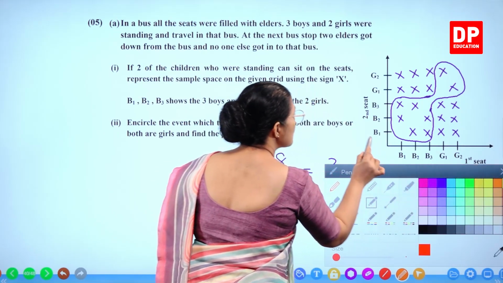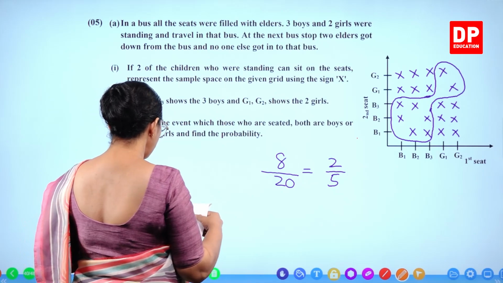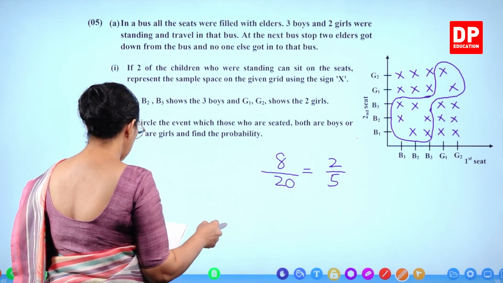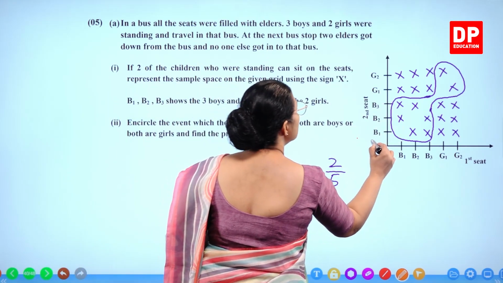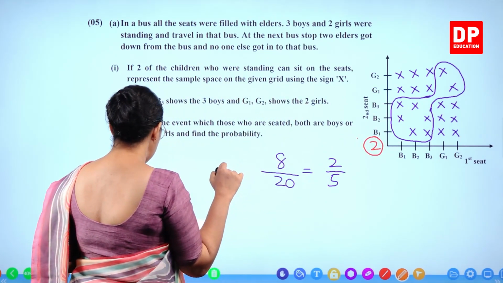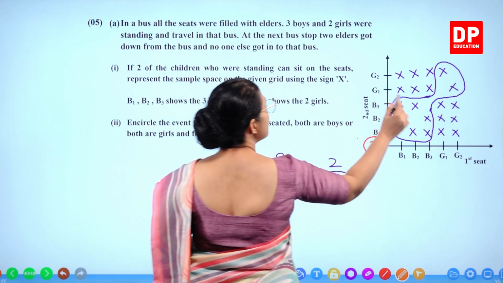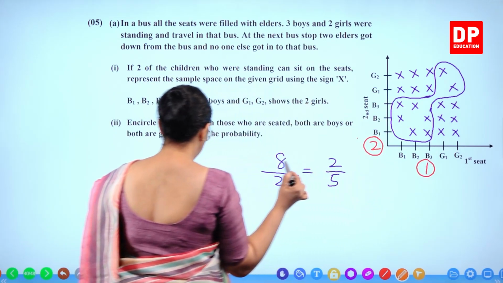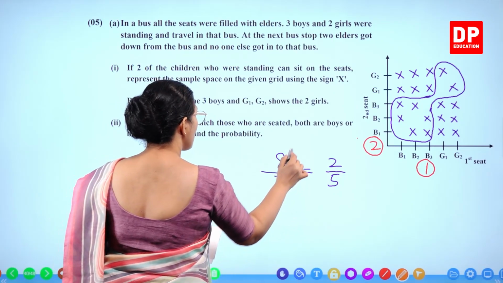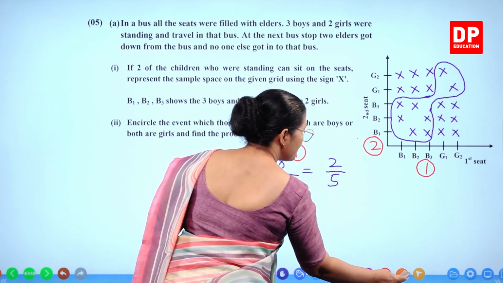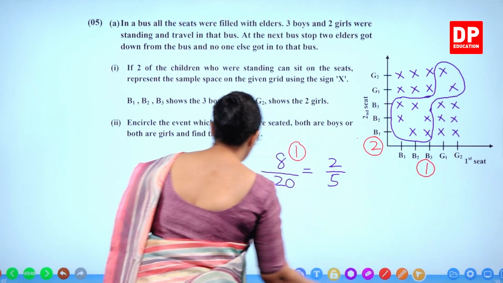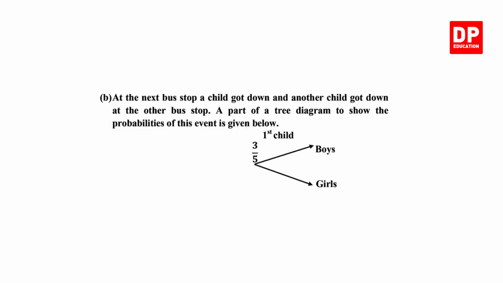So let's give marks for this part. It's given as 2 marks for marking the points and 1 mark for the encircle and 1 mark for the probability. B part, at the next bus stop, a child got down and another child got down at this other bus stop.